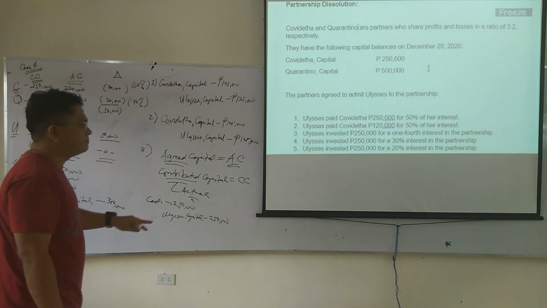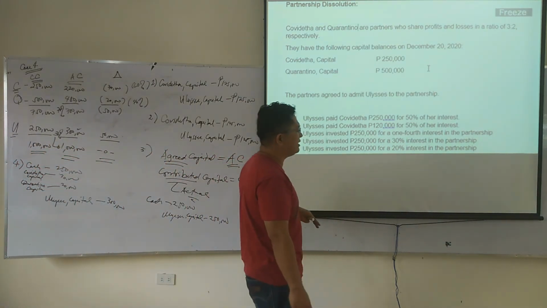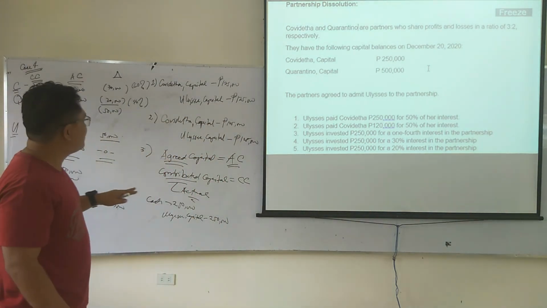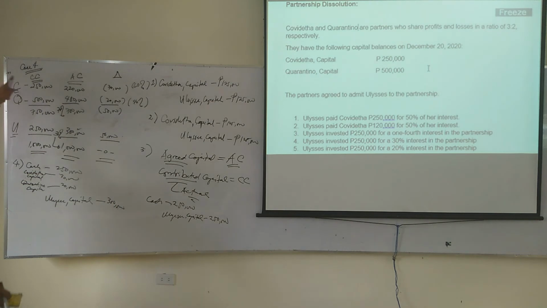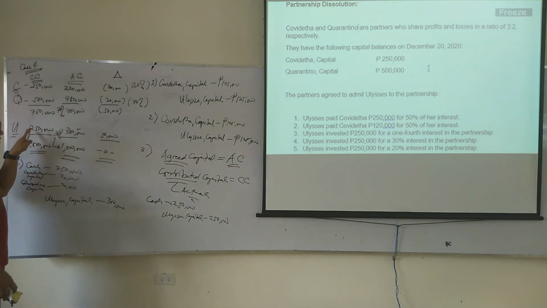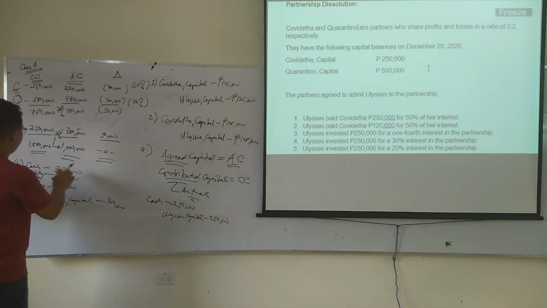For case 5, Ulysses invested 250,000 for a 20% interest in the partnership. I hope by this time you've already understood that the excess given to the new partner will be coming from the old partners. So again, let's erase our answer.